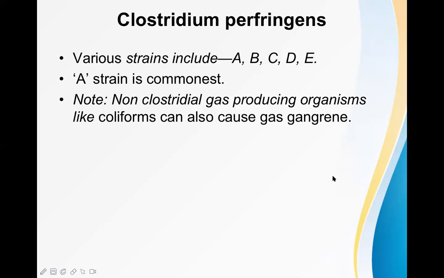Let me explain with an example. If an area in a patient's body has gangrenous change, not only Clostridium perfringens may be responsible, but other polymicrobial organisms may also be there. Polymicrobial means multiple types of bacteria, and many of them can produce gas from the dead tissue.